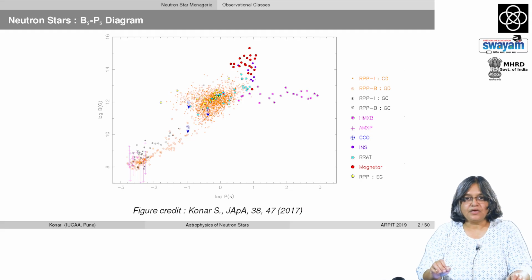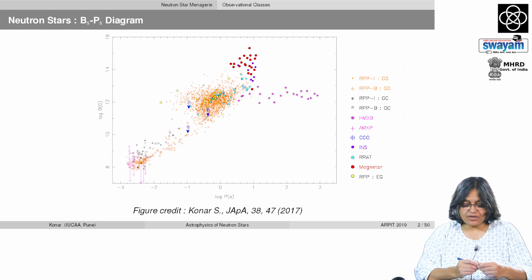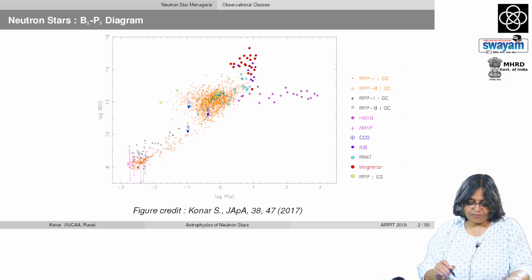So, in this picture we have shown observed neutron stars for which some estimate of both the parameters are available, in this magnetic field spin period plane.